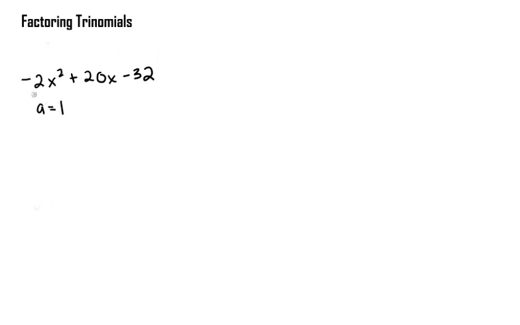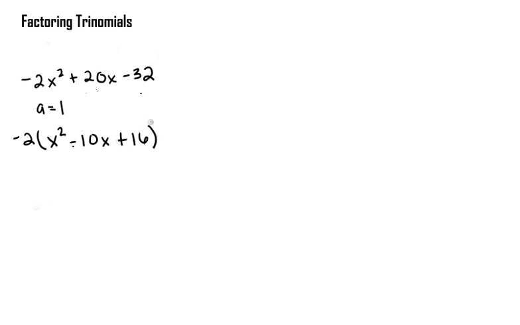And we ask ourselves, can a 2 be factored out of each of these terms? Can I factor a 2 out of 20 and a 2 out of 32? And yes, I can. So let's factor out a negative 2, and that leaves us with x squared minus 10x, because we took a negative out, and then plus 16.